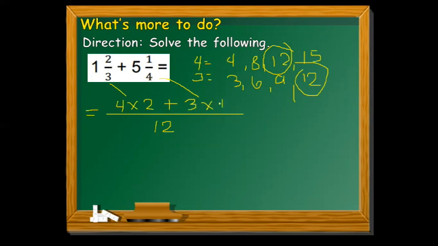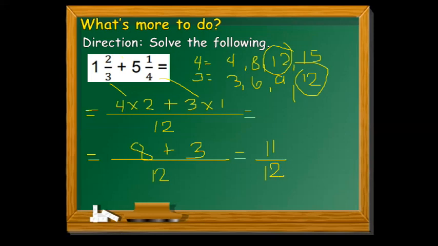Di ba? And then equals. So 4 times 2 equals 8. Plus 3 times 1 equals 3. Equals 11/12.